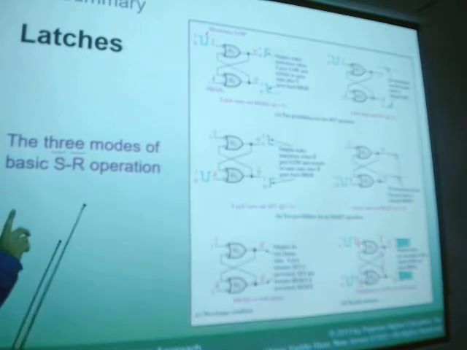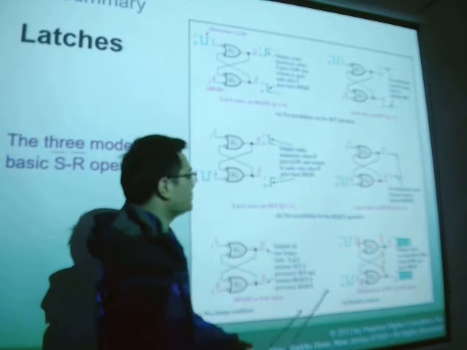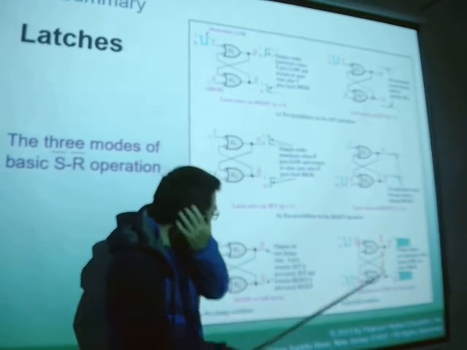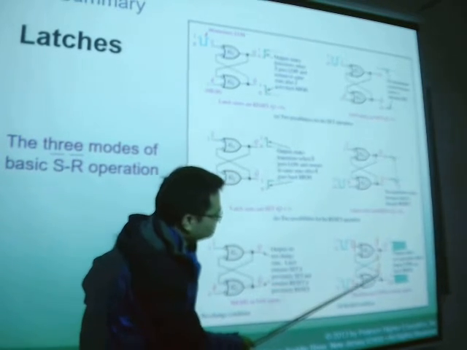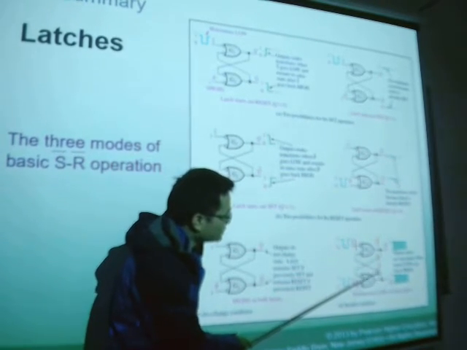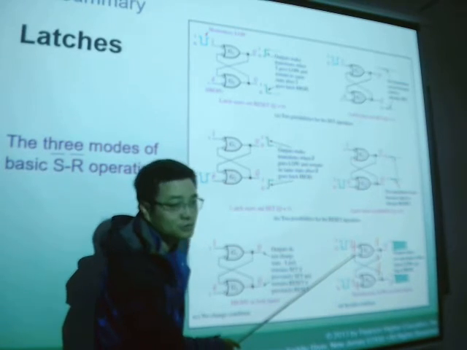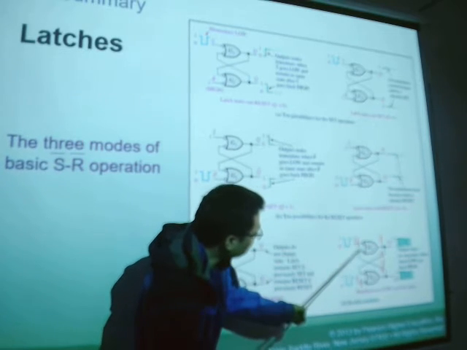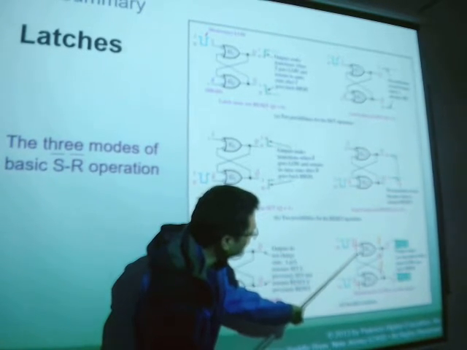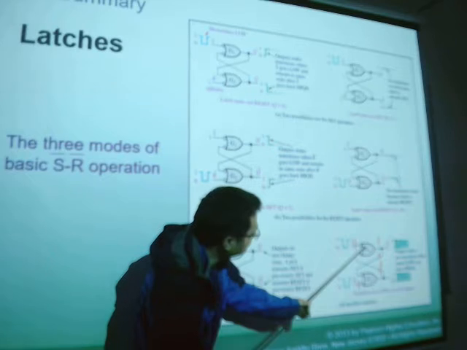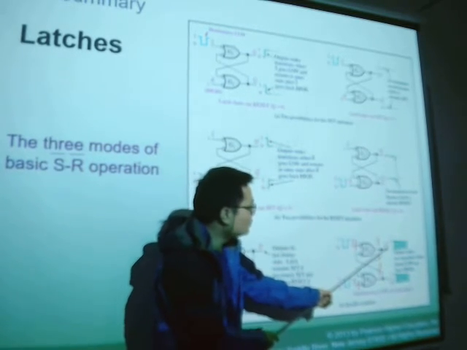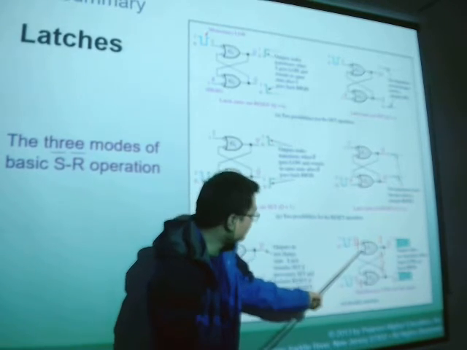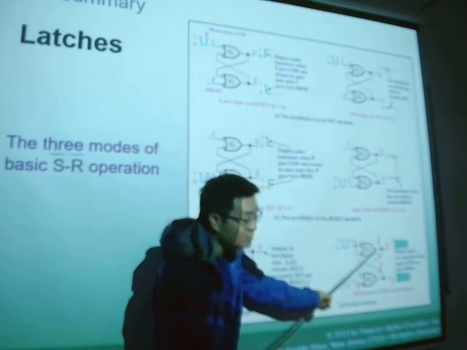This is the first condition. But if we suppose that the Q bar value 1 is first transmitted to this input, then because the input is 1, 0, the output Q will go from 1 to 0, right? Because 0 plus 0 equals 0.